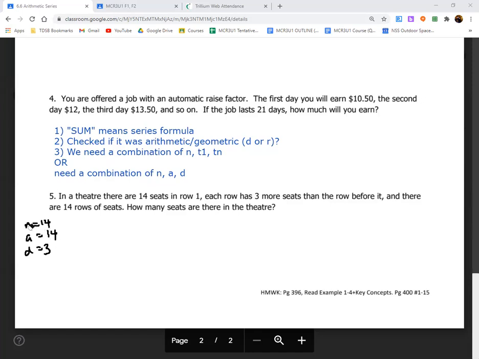That's basically what it's saying. 14 times 2 plus 13 times 3. So the answer is 469 seats. See if you can do that.